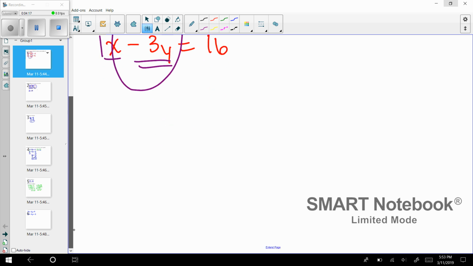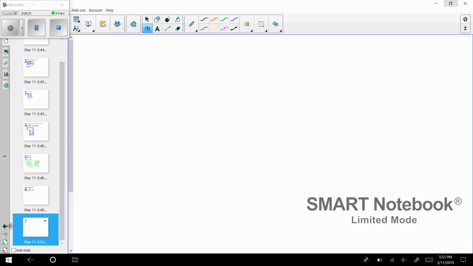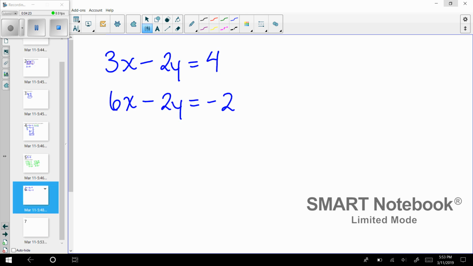But what happens, again, when we look at a system that does not give us opposite coefficients? So here I've got 3x and 6x. So those are both positive coefficients, and they're not opposites. So that is not where I'm getting my answer from. -2y and -2y, those are the same coefficients.